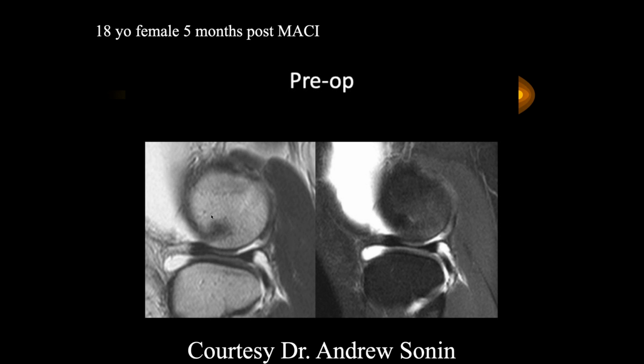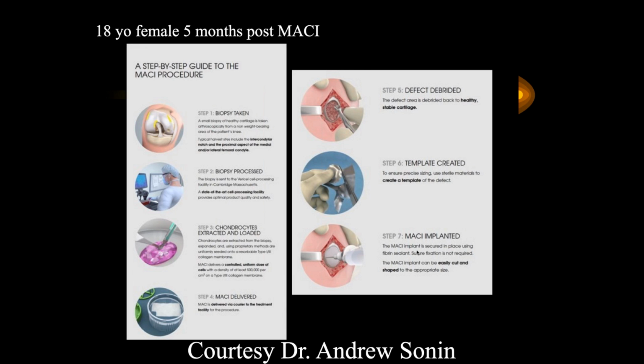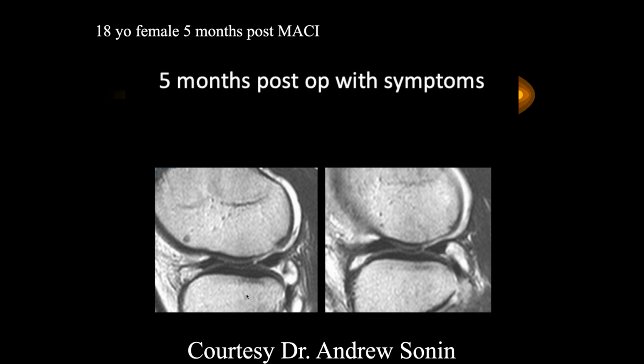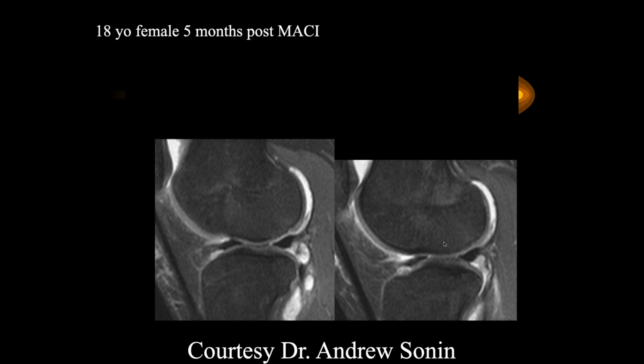Okay, and then here's a pre-op large defect which we see here. This patient had a MACI procedure. This is from the surgery. This is preparing the site for the graft, and then this is 5 months after surgery. Here we can see a little bit of hypertrophic subchondral bone. The cartilage is really thinned here, which you really don't like to see.